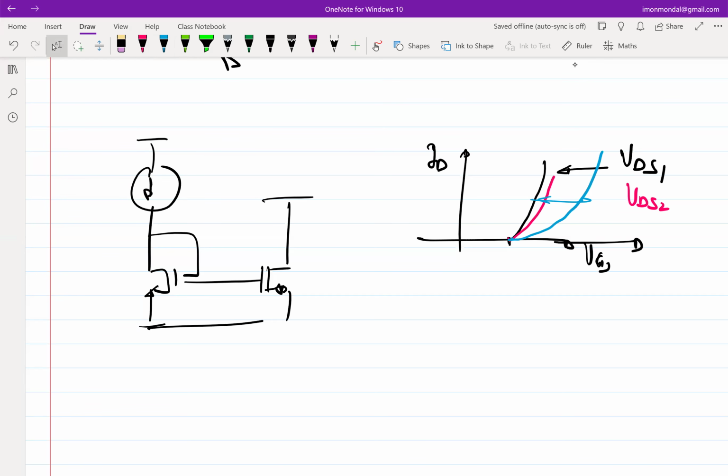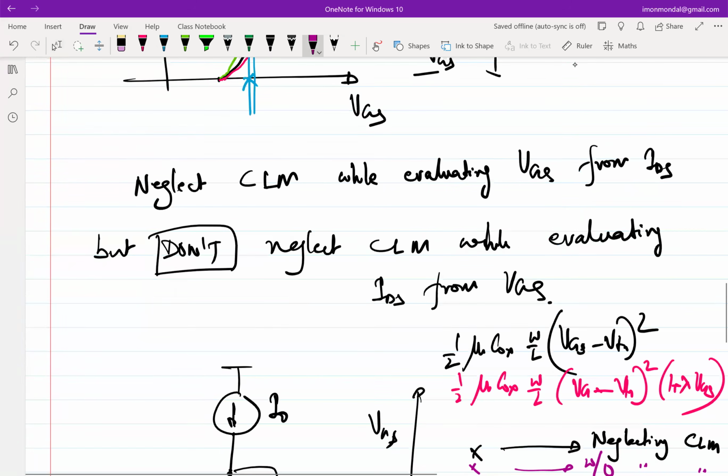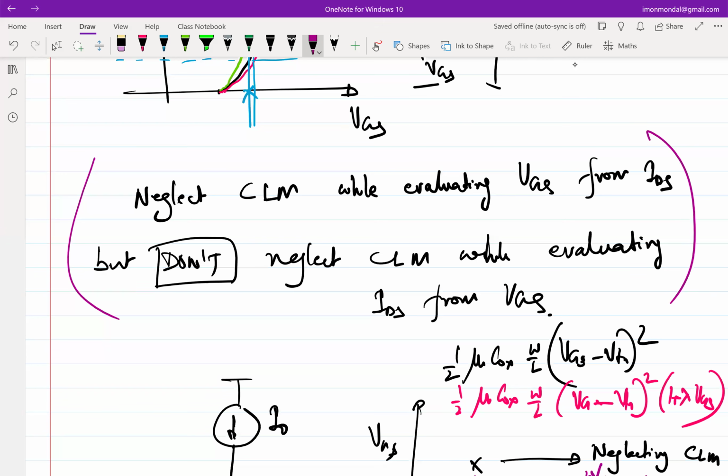So what essentially I'm saying is: under what type of circumstances can you neglect this error, and under what type of circumstances can you not neglect this error? In the case of a square-root plot, for example, you can neglect the error. But in the case of a polynomial plot, you cannot neglect the error. So that's essentially the takeaway, the message with regards to our circuits using MOSFETs.